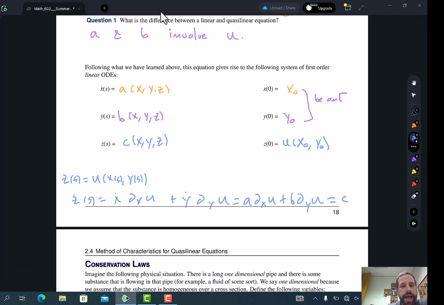But the important thing now is that x dot and y dot can depend on z. So in other words, the characteristics themselves are going to depend on the solution. And that's not something that we've seen so far. So far we've been able to solve the x and y equation without talking about the z equation.